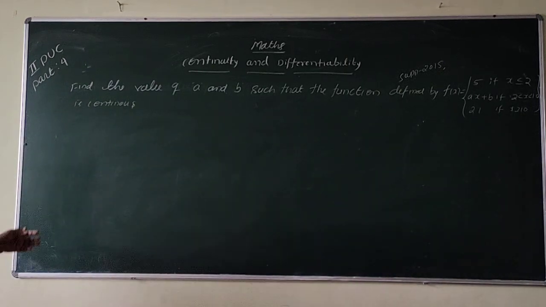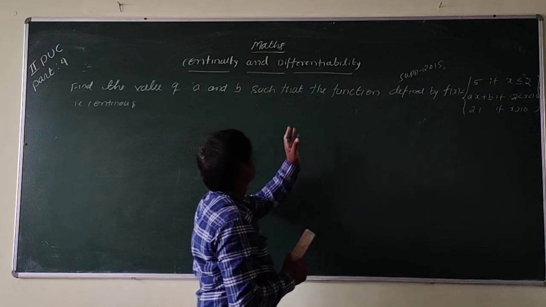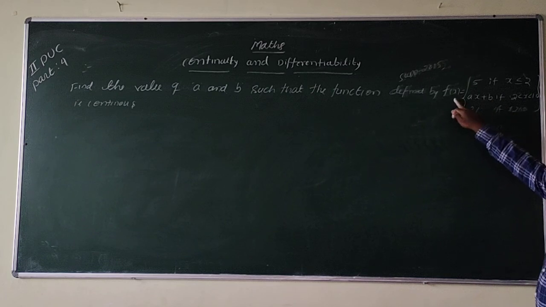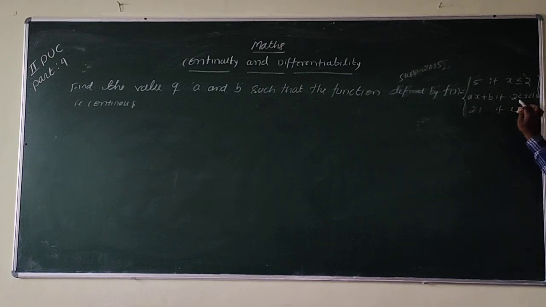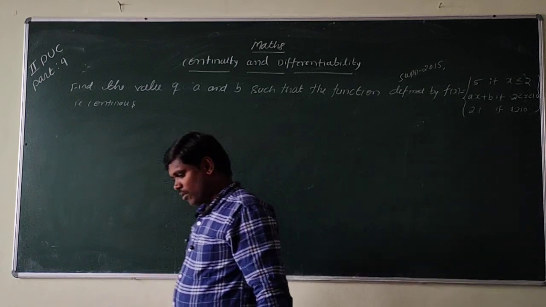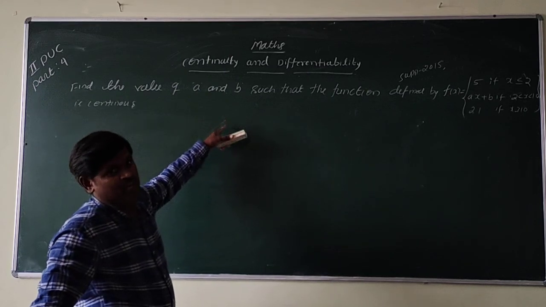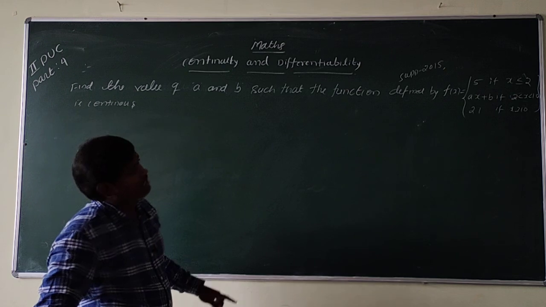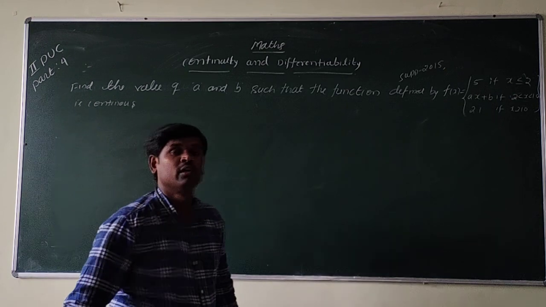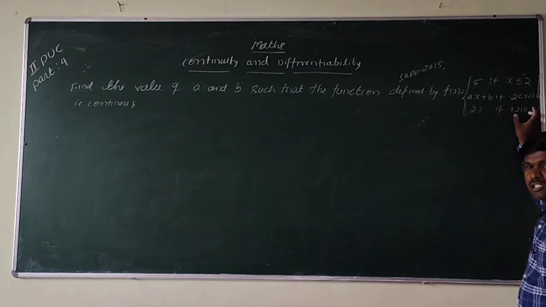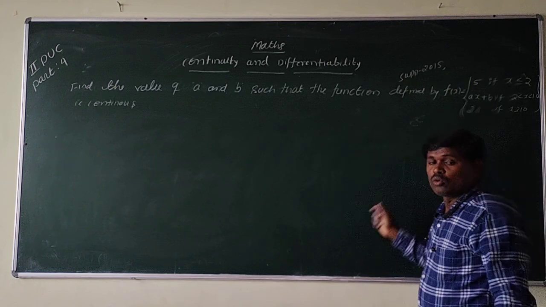Here we need to find the values of a and b such that the given function, f of x equal to 5 if x is less than or equal to 2, ax plus b if x lies between 2 and 10, excluding 10, and 21 if x is greater than or equal to 10, is continuous. The problem does not give a particular value of x, but clearly it is continuous at x equal to 2 and at x equal to 10. So there are 2 points.